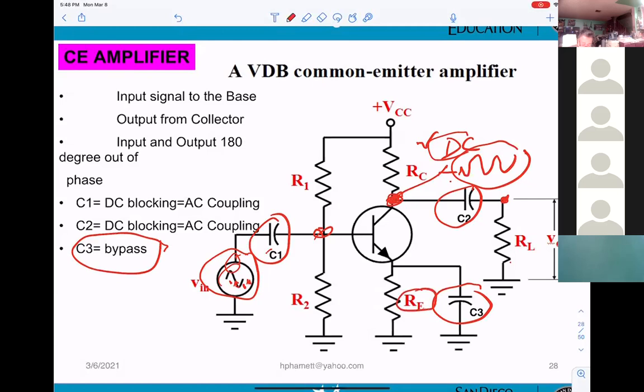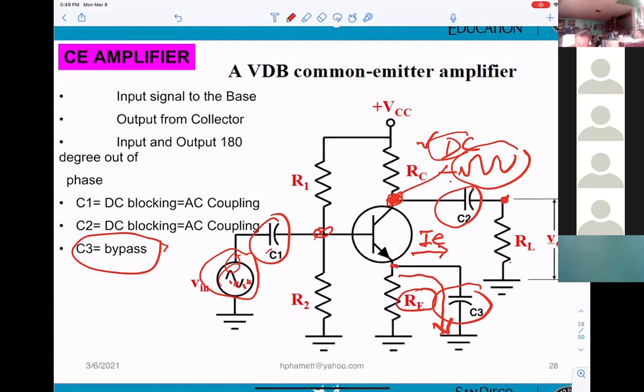So the AC current IE, when it gets into the base, goes this way to the ground. It does not go to RE. So that's why they bypass that resistor.